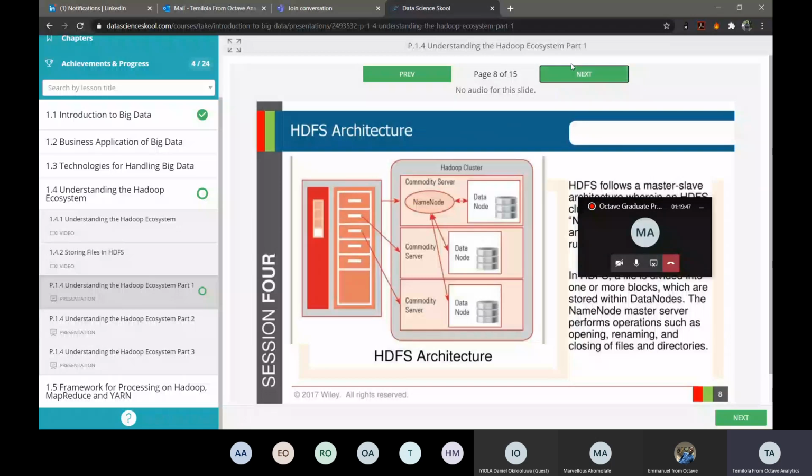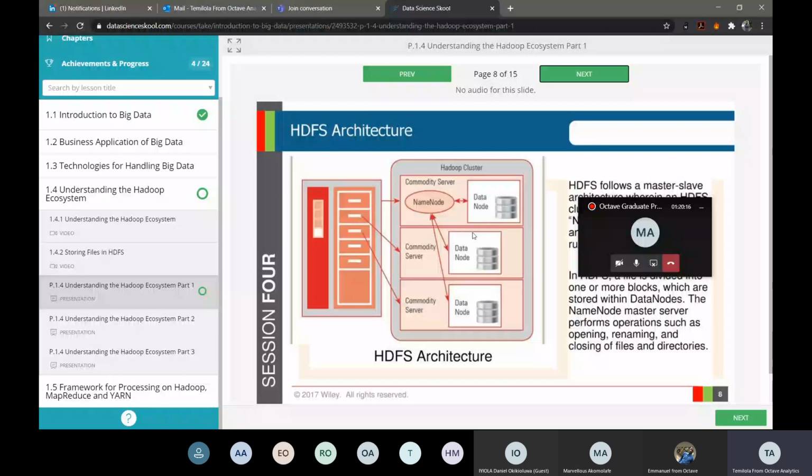From this diagram, the name node is more or less like the master that monitors everything, and the data nodes are like the slaves. The name node gives instructions on which data to store on the data nodes, and also stores information about the different data stored on them. So the name node is more or less like the administrator to the data nodes.